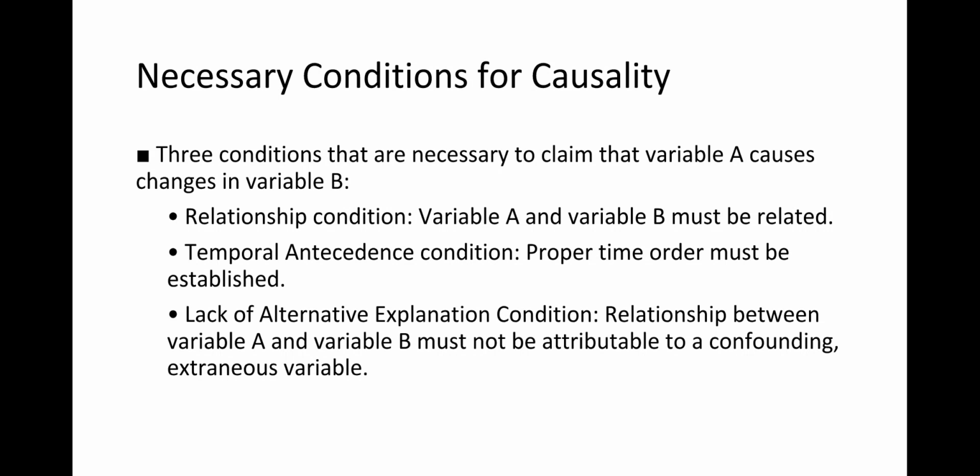I know this is a new lecture note. If you'd like to say A causes B, three conditions are needed, right? First of all, variable A and variable B must be directly related to each other, theoretically. They really need to relate to each other. Without any relationship, we could see A and B as highly associated with each other for other reasons, right?